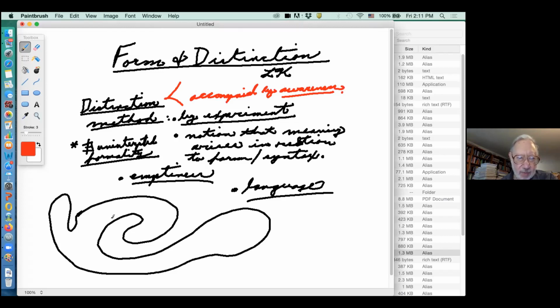So for example, this distinction here is no distinction if there's no one there to look at it. It's only in the course of your looking at it that it becomes a distinction. The tree may make a noise as it falls in the forest, but this entity here makes no distinction unless there's someone present to examine it. And of course, you can argue with me about that, just like you might have argued with me about the tree, in that you can say, well, we'll set some instrumentation to determining whether we are inside or outside.